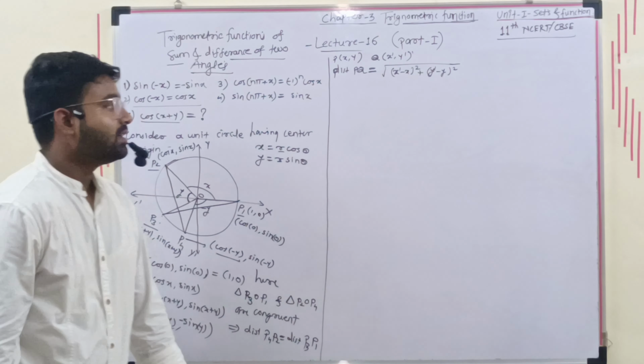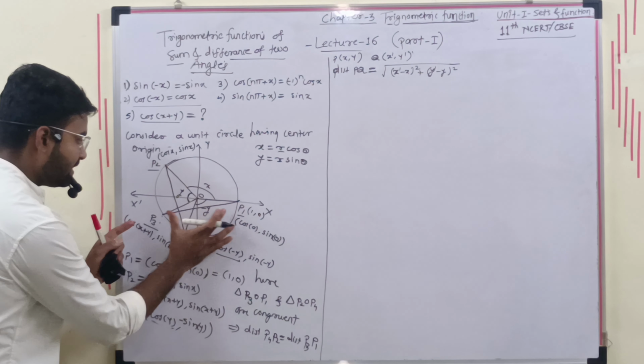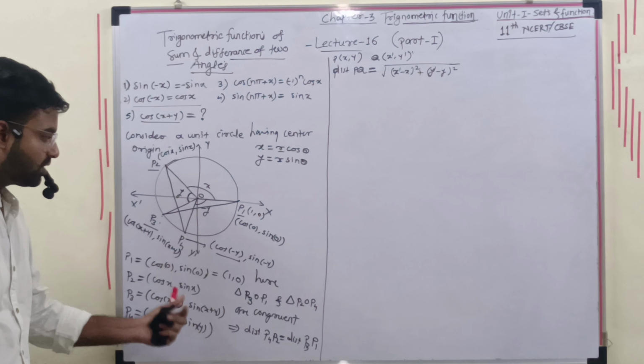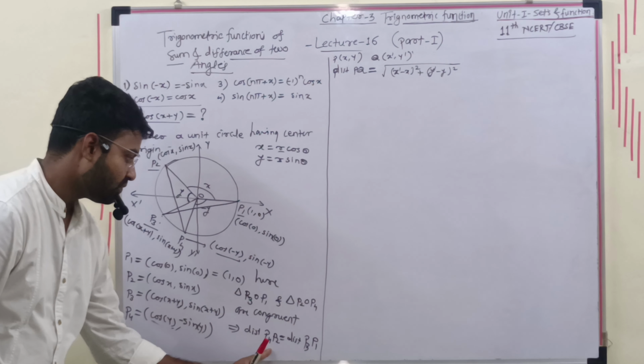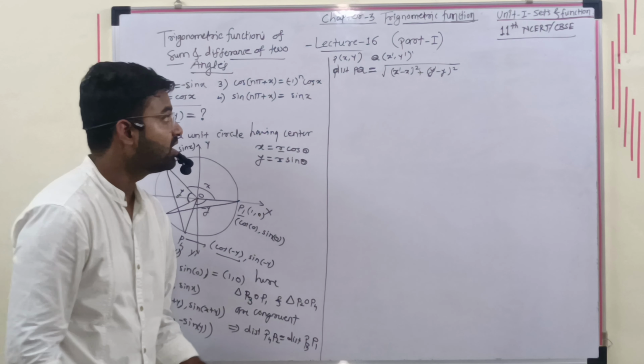This is the distance. So we have to find this distance and this distance and simply equate them. Distance P4P2 is equal to distance P3P1.